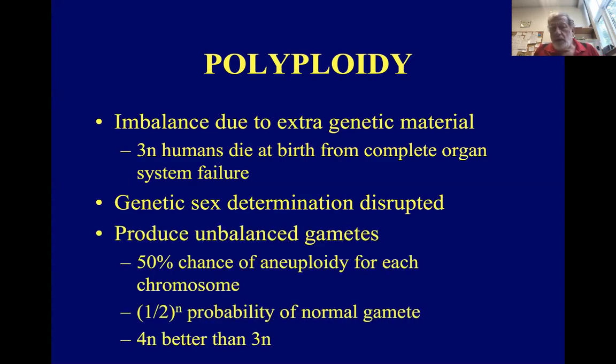Polyploids often produce unbalanced gametes. There's a 50% chance of aneuploidy for every chromosome during meiosis, and only a 1/2 to the n probability of a normal gamete, where n is the haploid number. So for us humans, that'd be 1/2 to the 23rd, an extremely small number. A tetraploid is better than triploid because with even numbers, the chromosomes can pair up together.